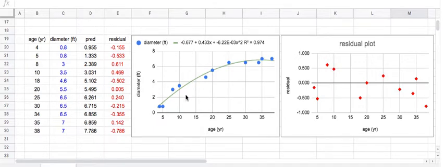And so it gave me this quadratic equation, and right off the bat you could look at it and go, yeah, that seems like a much better fit for the data. Now, notice the r squared is 0.974. Previously, it was 0.89, which is pretty good. Well, this is even better. R squared is giving you an idea of how good the model is. The higher your r squared, the better the model.